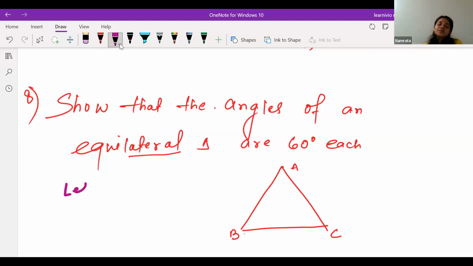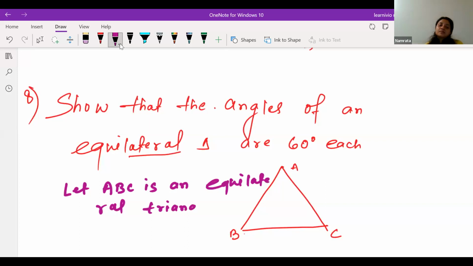So let ABC be an equilateral triangle, where AB is equal to BC is equal to AC. AB, BC, AC all are same.